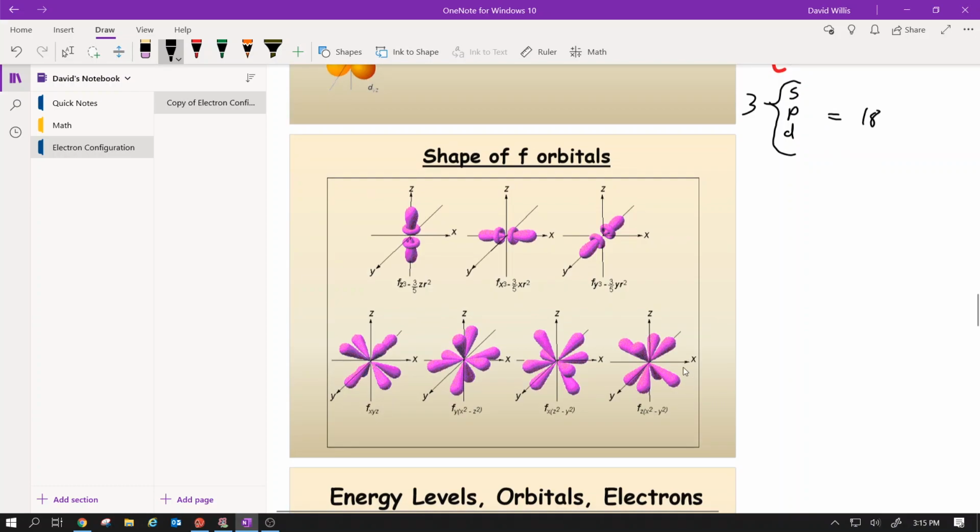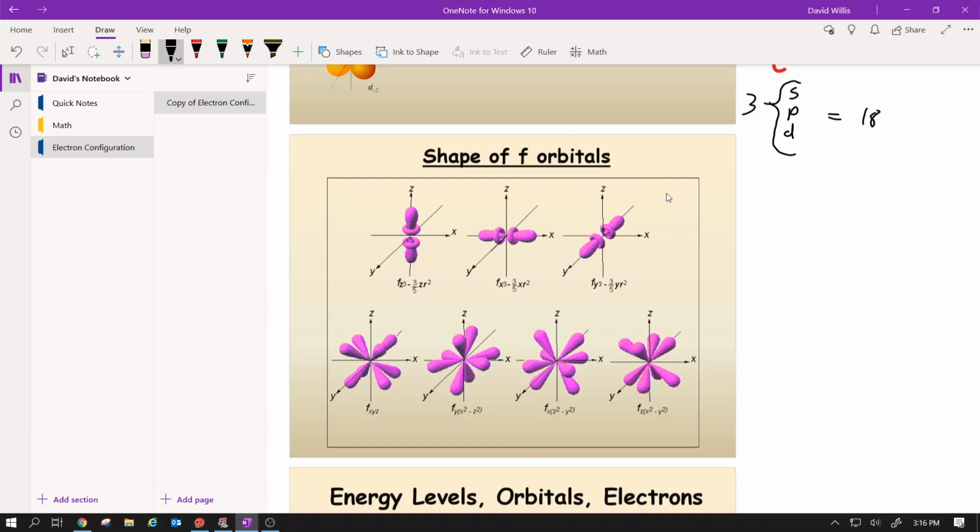Just say to yourself, that's the 3-dimensional representation of Schrodinger's equations for the F orbitals, and leave it at that. It looks like some raindrops in a funny arrangement.